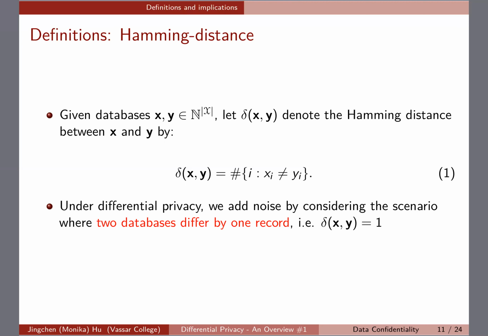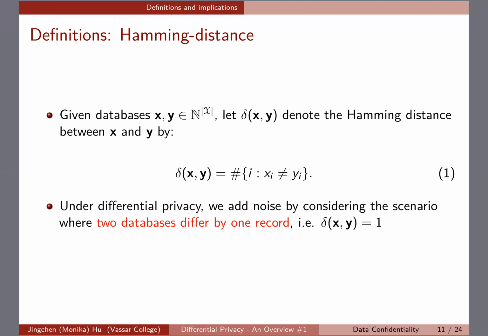So this is saying that except for one record, maybe the last one, the 1,000th record, the remaining 999 records between X and Y, the two databases, are exactly the same. Only the last record is different. So this is what we mean by a Hamming distance of one between two databases, X and Y.